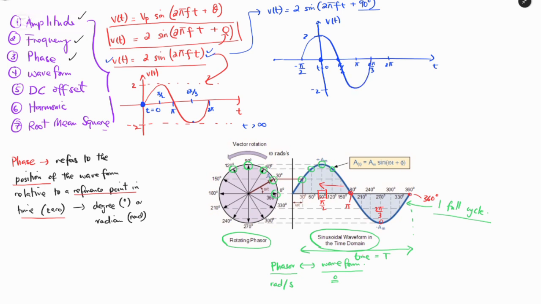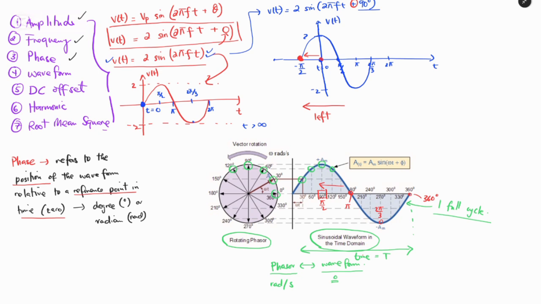And since this is a positive 90 degrees, it will be shifted to the left. We can see the point of origin. Previously it is in here. Now it is shifted towards the left by a portion of 90 degrees.